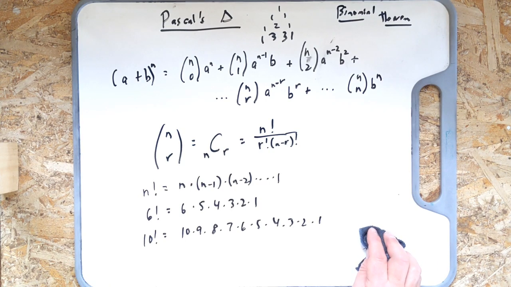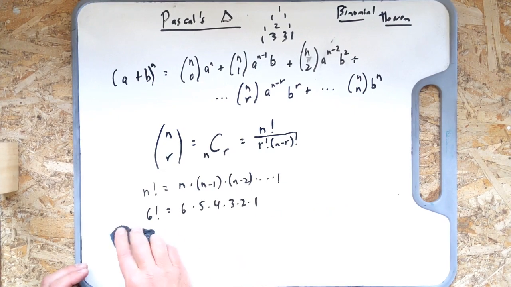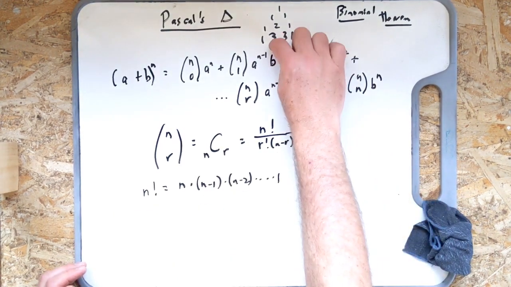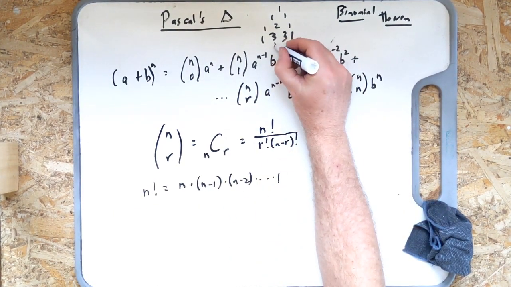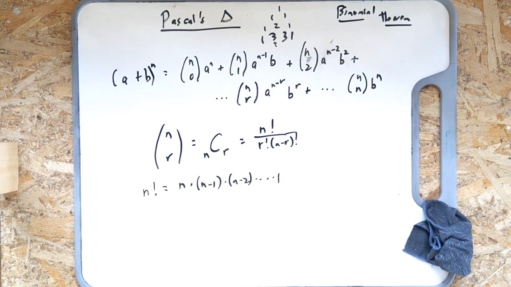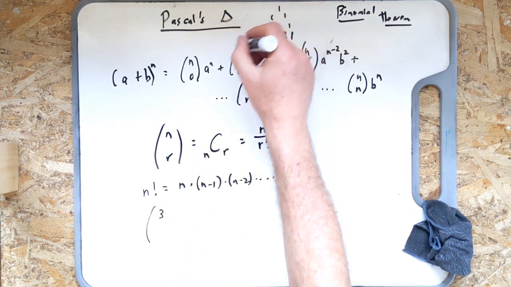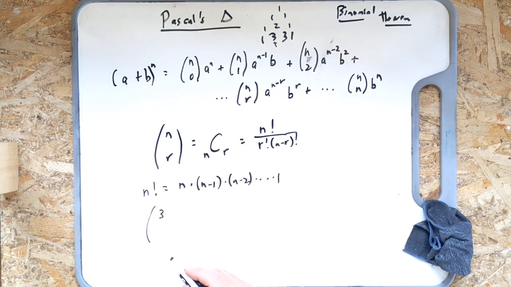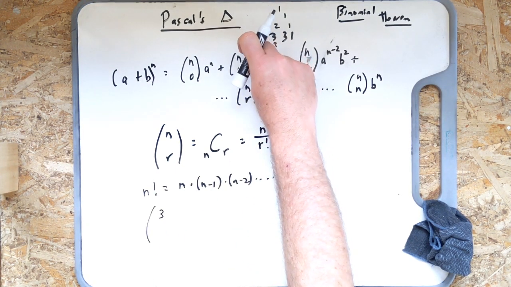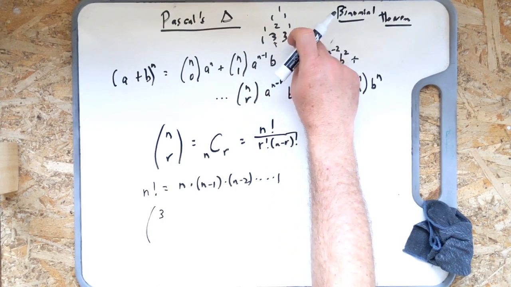So I'm going to give you an example of how you do one of these terms. And what in fact I'm going to do is try to generate one of the Pascal triangle terms with it. I'm going to do a simple one first. I'm going to generate this term right here, that 3. So what that term is there are 3, n. In other words, this is the third line, 1, 2, 3. I'm making this 3. So n is 3. And then I'm going to find this is the 0th term, r is 0. This is the first, second, or third.